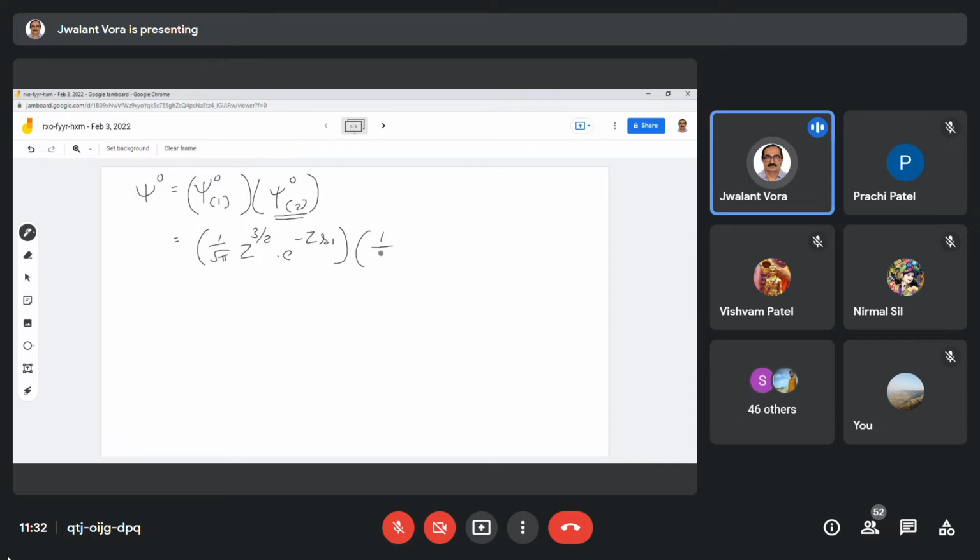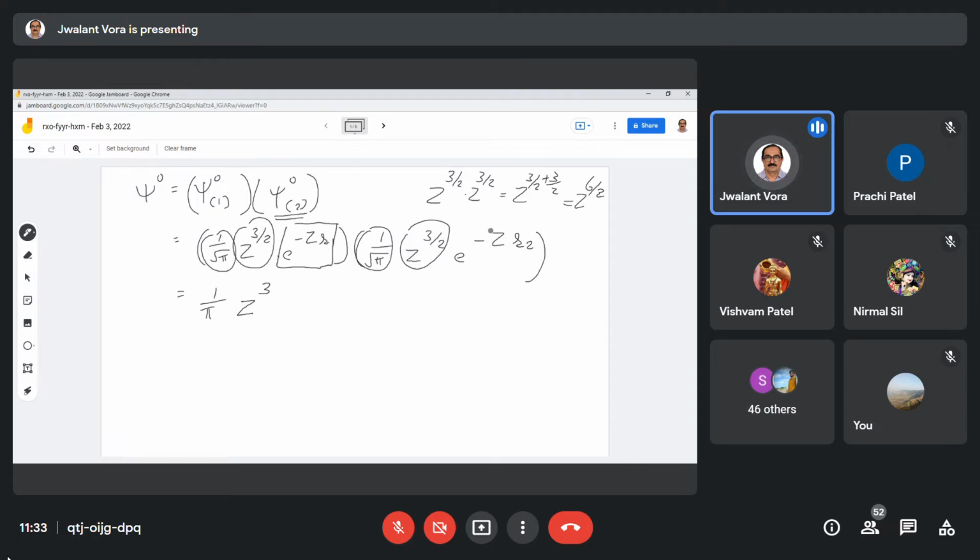For electron 2, 1 upon root pi Z raised to 3 by 2 e raised to minus Z R2. 1 upon root pi into 1 upon root pi is 1 upon pi, and Z raised to 3 by 2 into Z raised to 3 by 2 is Z raised to 3 by 2 plus 3 by 2, which is Z raised to 6 by 2, which is Z cube. So we get Z cube into e raised to minus ZR1 into e raised to minus ZR2, that is e raised to minus Z times R1 plus R2. This is the eigenfunction.